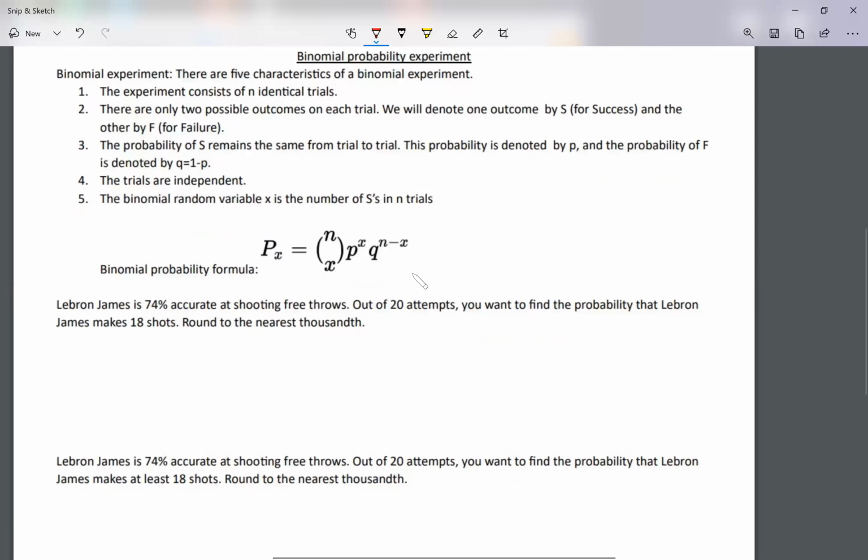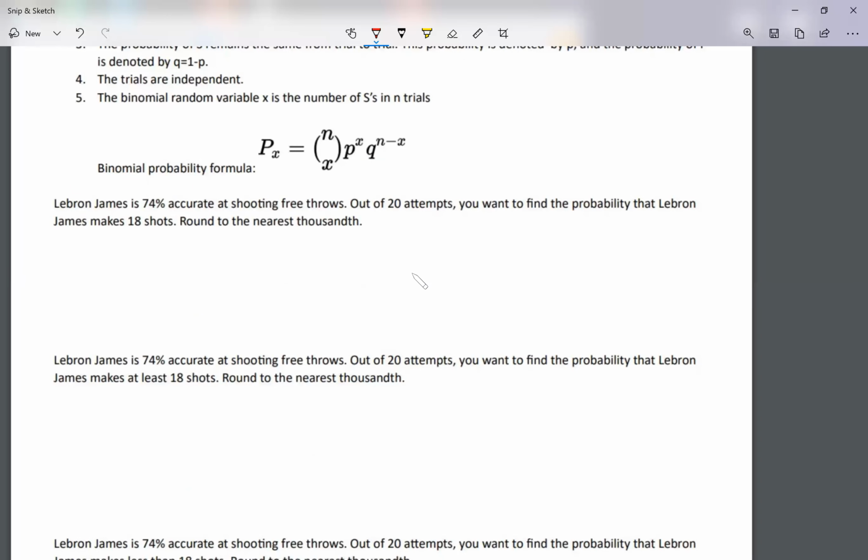Let's say LeBron James is 74% accurate at shooting free throws. I'm going to say that P is 0.74, written as a decimal.